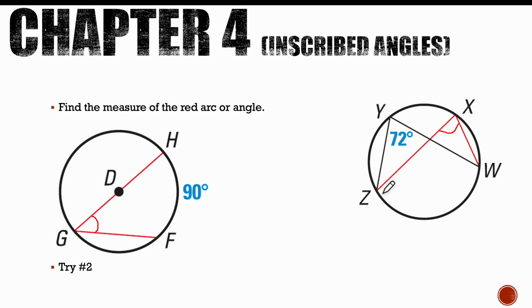ZYW is 72. ZXW would be how much? This will also be 72 degrees. From an arc, you can form any number of inscribed angles, and they will always be equal, half of the central angle. So this angle, whatever I drew, is also 72.